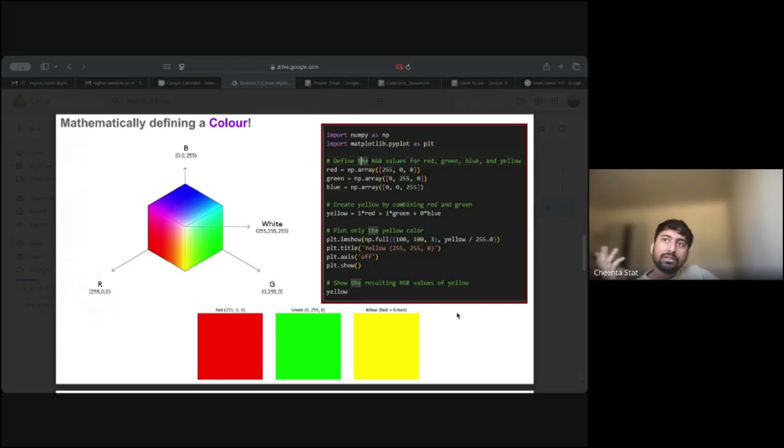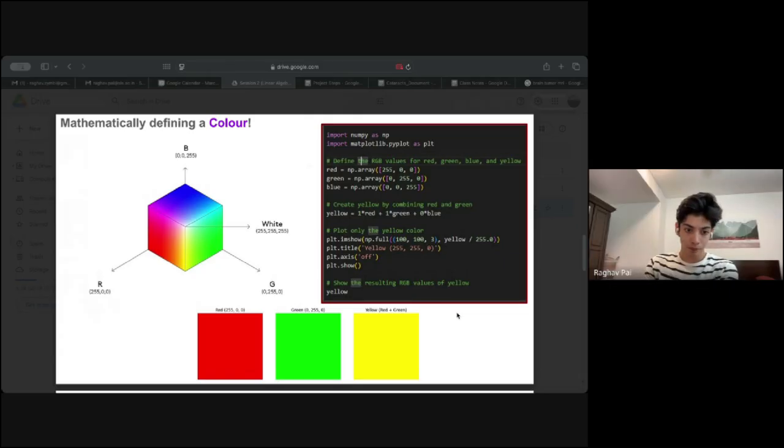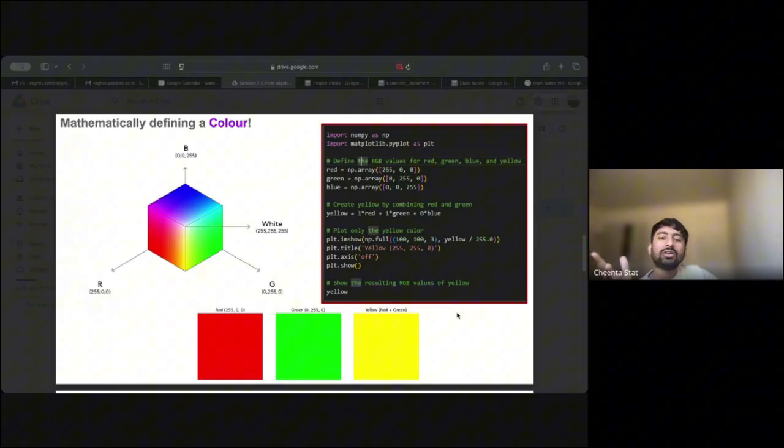Why this? Because these are called primary colors. You can make any color by a combination of these colors. That's why it's a 3D coordinate system. So now you can see this cube.